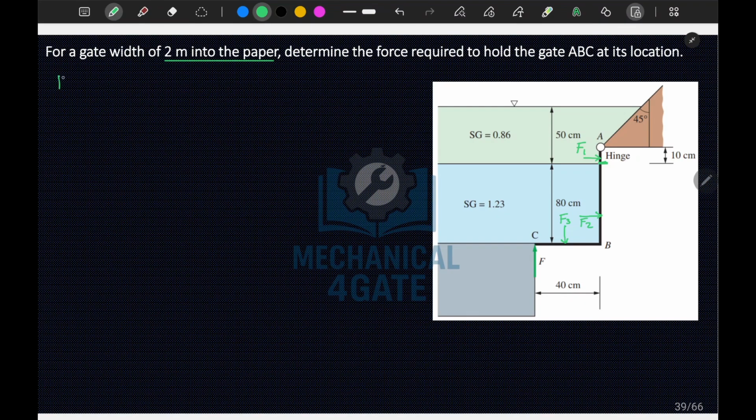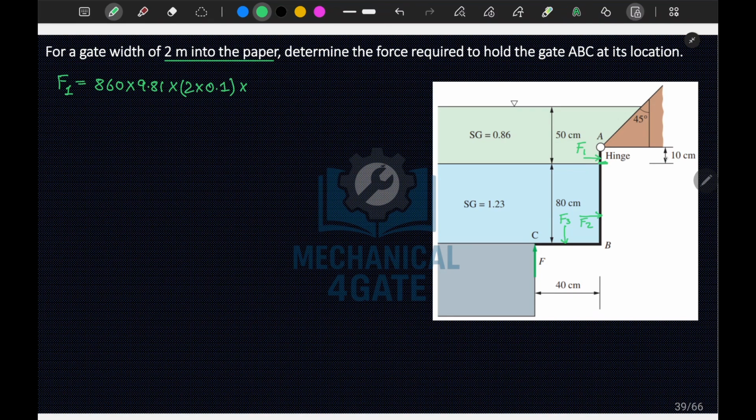So your F1 value, F1 equal to rho 1, that is your 860, rho 1 G, G will be constant 9.81, into H, rho G A, A is 10 centimeter and 2 meter into D, so 2 meter into 0.1 meter is your area, into X bar or H bar, which is 5 centimeter here.